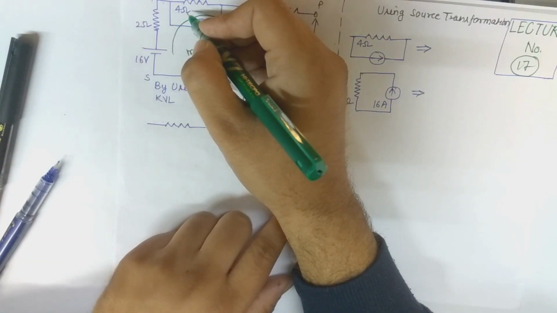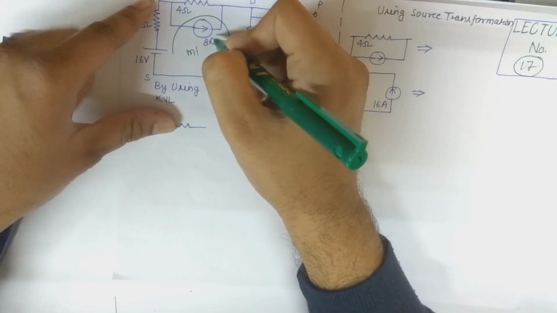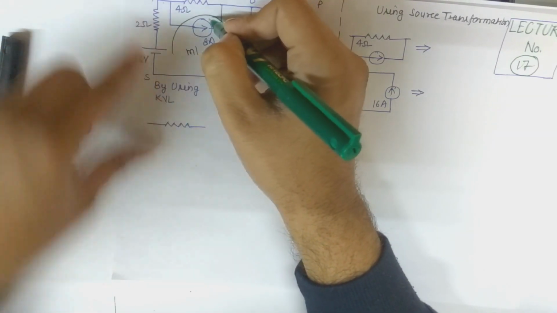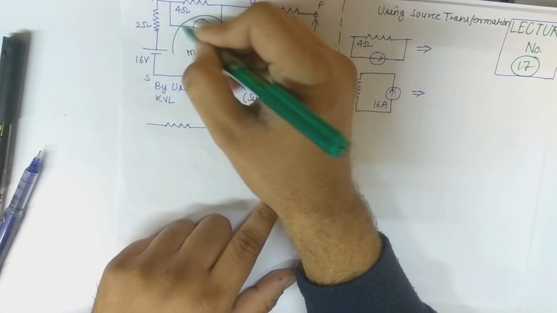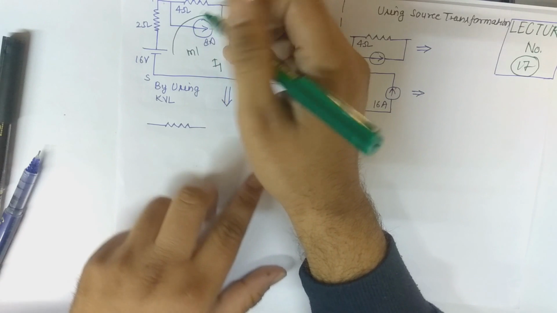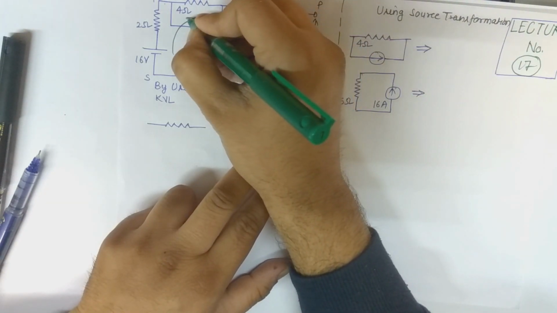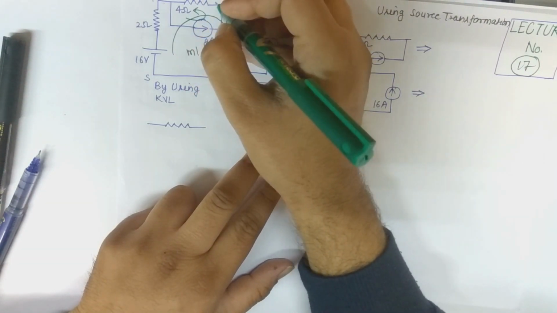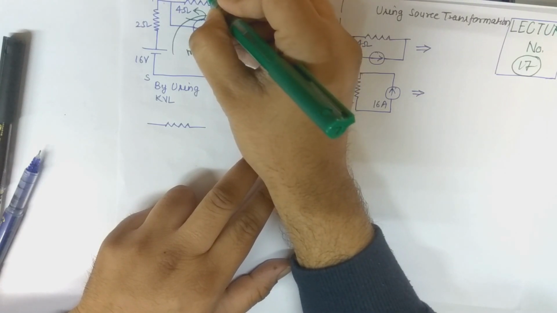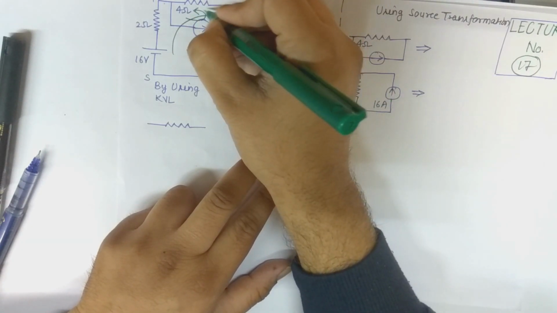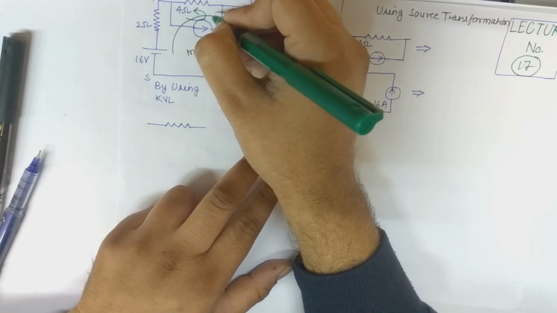So this 4 ohm resistance and current is 8 ohm. This 8 ohm current is flowing always in this closed path. So we consider this current in this way, and this is basically current is 8 ampere.